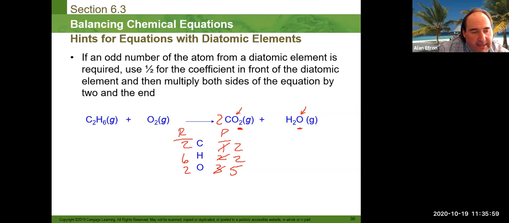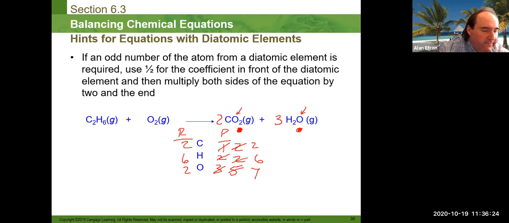Probably the next easiest thing to fix would be the hydrogen. Since we have 6 on the left, we can put a 3 in front of the hydrogen on the right. That's going to give us 2 carbons. 3 times 2 is 6 hydrogens. And now our oxygen is up to 4 here and 3 here, which is 7.